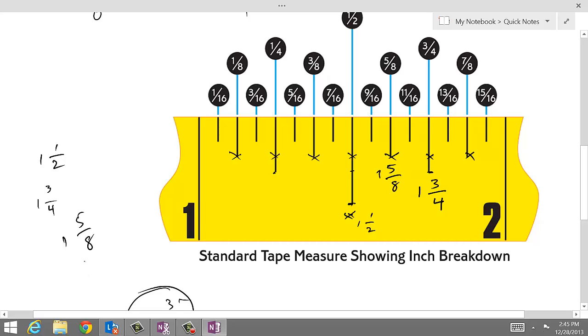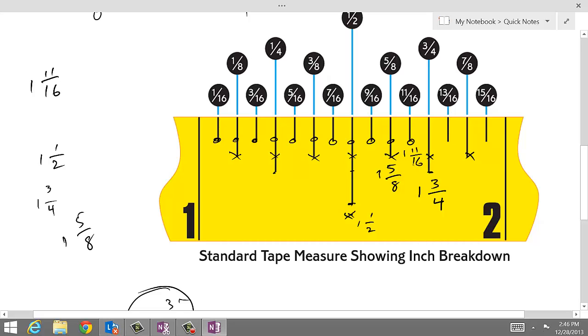And similarly, if we are to locate where is 1 whole 11 over 16, then we should look at the lines which are dividing the space between 1 and 2 into 16 equal parts. Those are right here, 1, 2, 3, 4, 5, 6, 7, 8, 9, 10, 11, and 1 whole 11 over 16 would be right here.